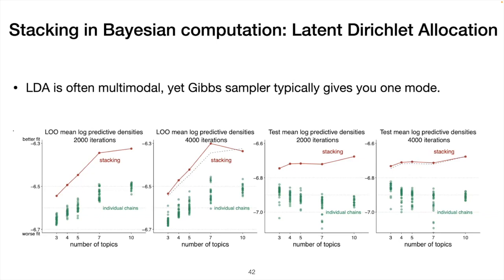But we can run many times, and indeed, each time you get a slightly different result. Each green dot is a different Markov chain. When you run different chains, you typically have different results, but that's okay. We just run stacking and combine them, and that often gives you a much better result than any individual chain. So you just have a better fit of the data.